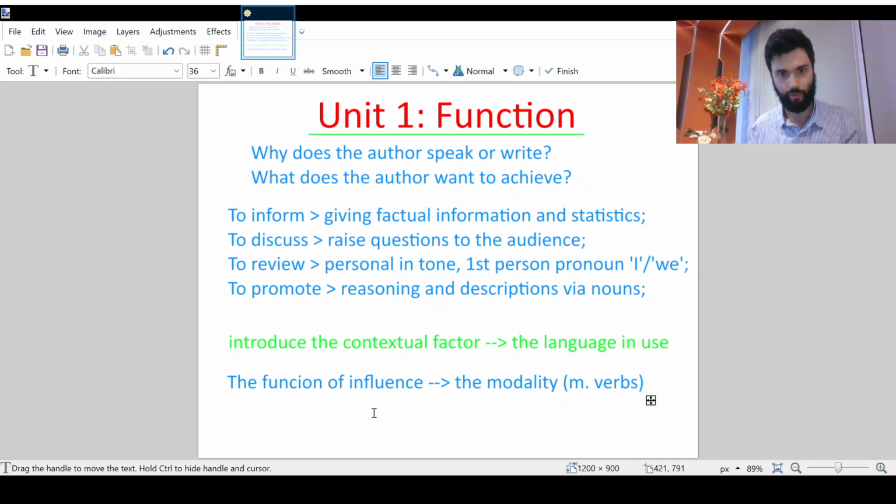Thus, we consider the modal verbs and outline, evaluate their purpose in order to achieve the function of communication which the author is thinking about or pursues. I think that's it for the function and the details about that contextual factor.